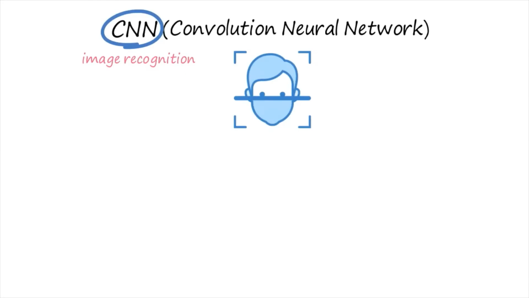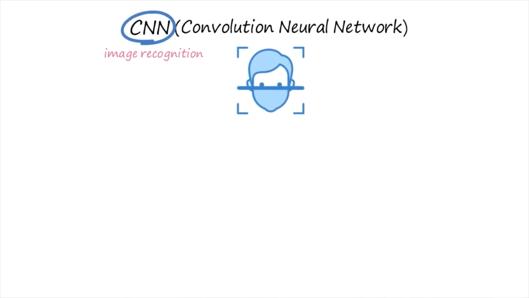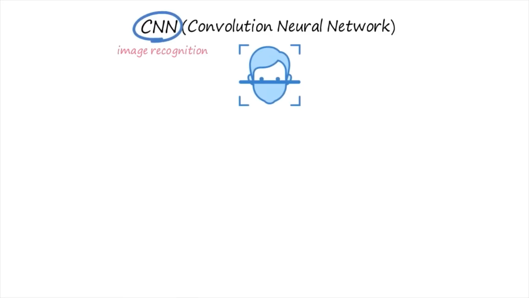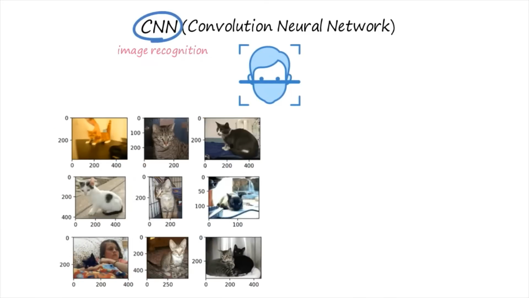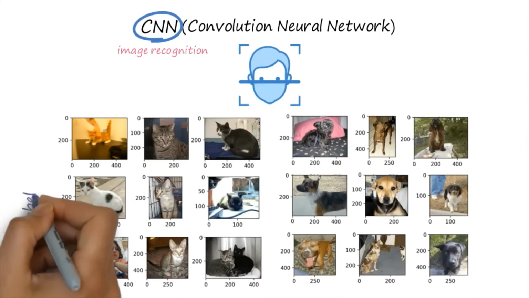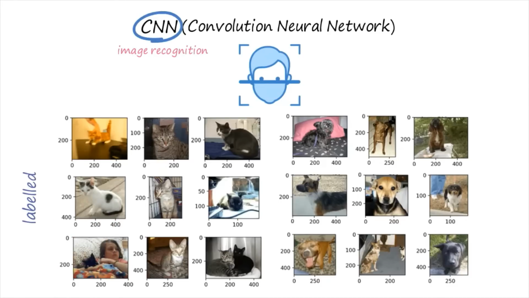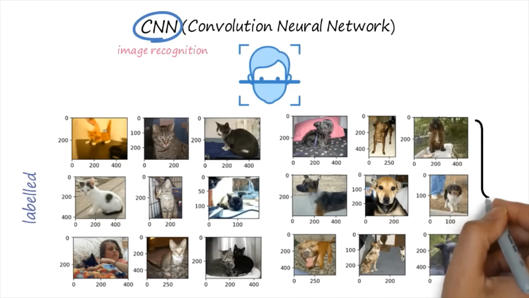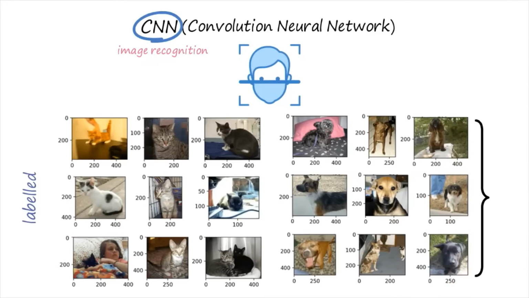Say we have a project where we have a large data set of cats and dogs, and these data sets are labeled. Why are they labeled? Because we know this is the set of data where we have dogs only, and this is the set of data where we have cats only.